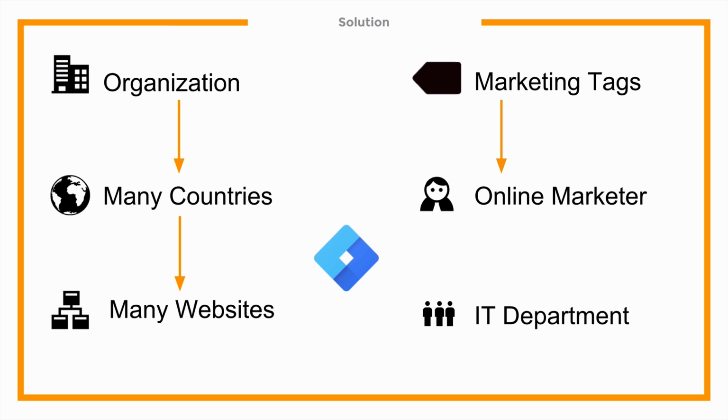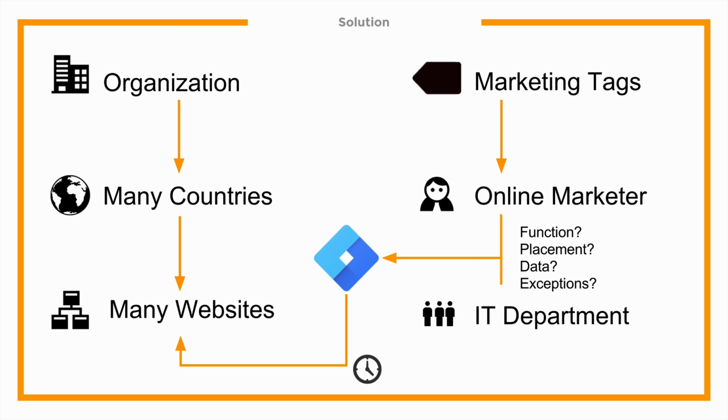So how it would look like, the online marketer plus the IT department can take the initiative to deploy a new tag through the framework of the tag management system. Questions such as function, placement, data, and exceptions get answered by default, and we'll be able to deploy a marketing tag in a more timely manner onto our websites, which makes the whole process faster and more efficient.